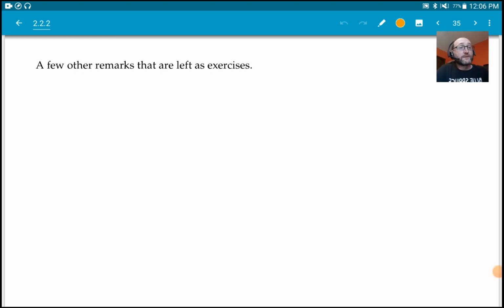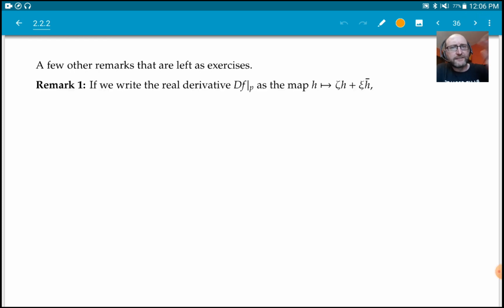Several other remarks. These are left as exercises. If we write the real derivative, the derivative of f as a function from R2 to R2, which is a 2x2 real matrix or a real linear operator on R2 or on C, we can always write it in this form where zeta and xi are just some complex numbers, right?